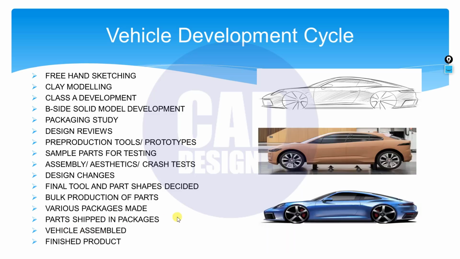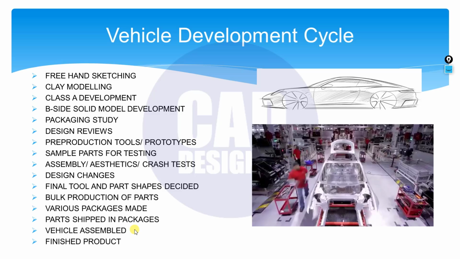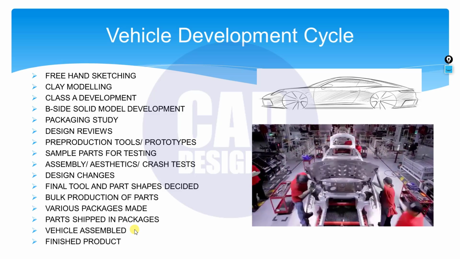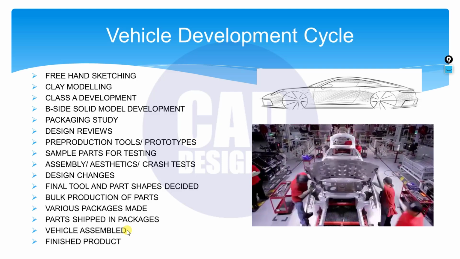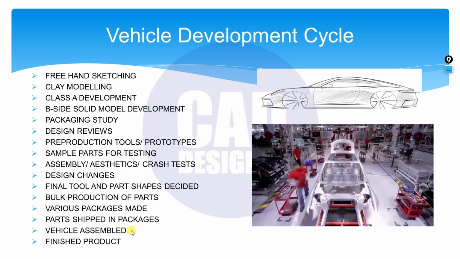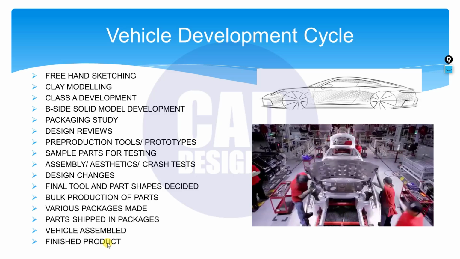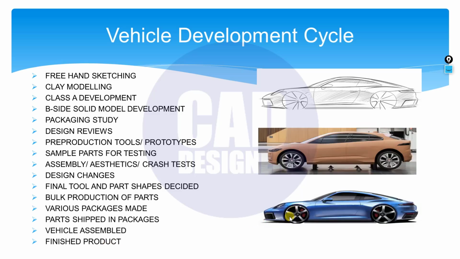And then, when the OEM receives all these packages, the vehicle assembly is done on the OEM's vehicle line, and we get the finished product, and this car gets launched on the road. So this is the vehicle development cycle.